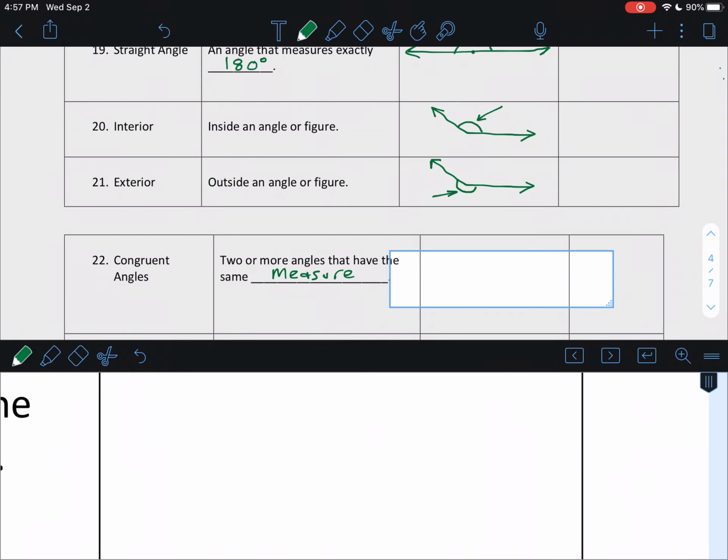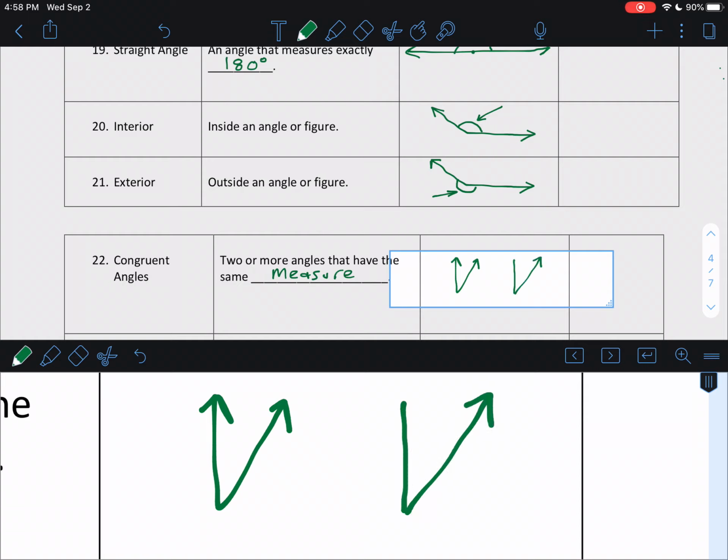And how am I going to draw this? So actually what I'm going to do is I have one angle, then I have another angle. I could have just copied and pasted that, but I didn't. And you put that little thing on the inside.